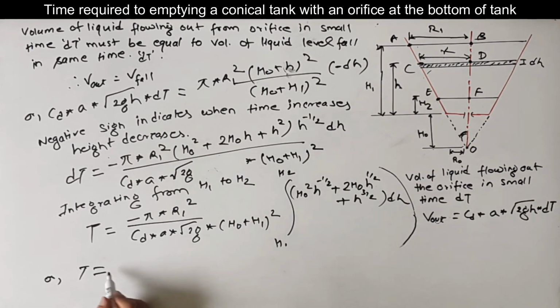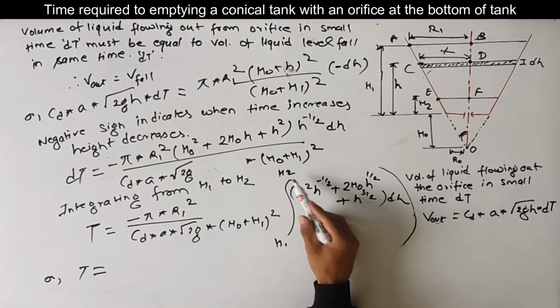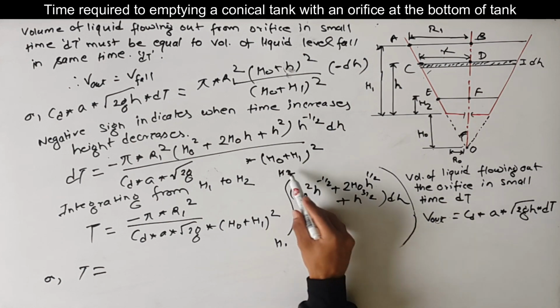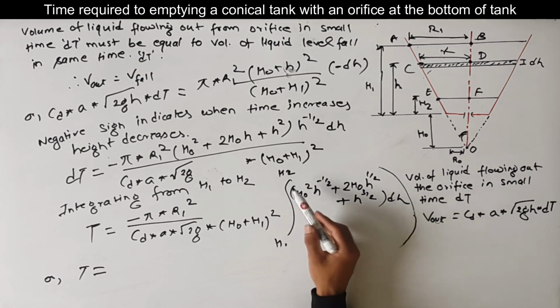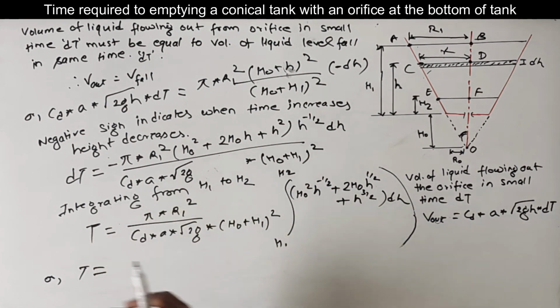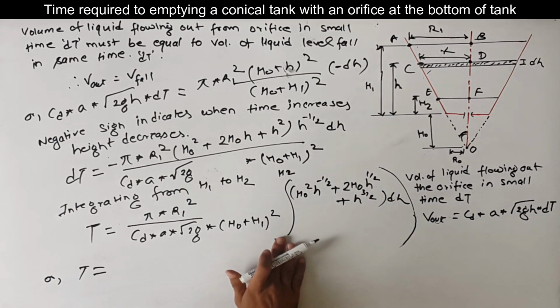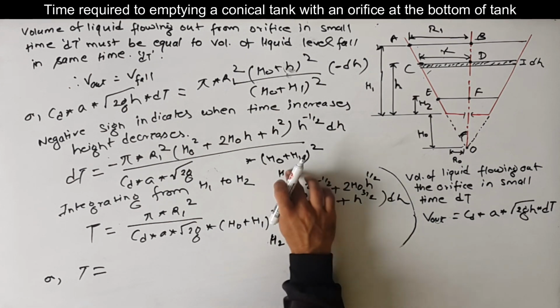We get time t here. We can use the rule of definite integrals: if we change the limit, the negative sign is removed. So we remove this negative sign and change the limit from h2 to h1.